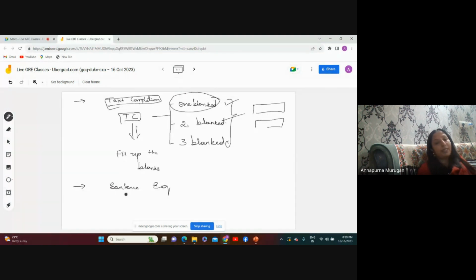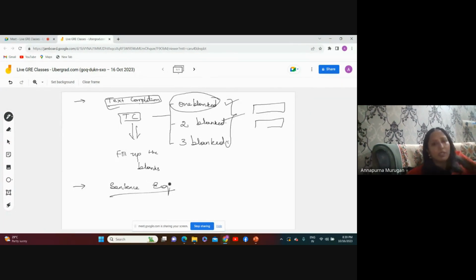Now, you people may be confused. Sentence equivalence and text completion are more or less equal. But in sentence equivalence, what you need to do is pick two words for one blank.